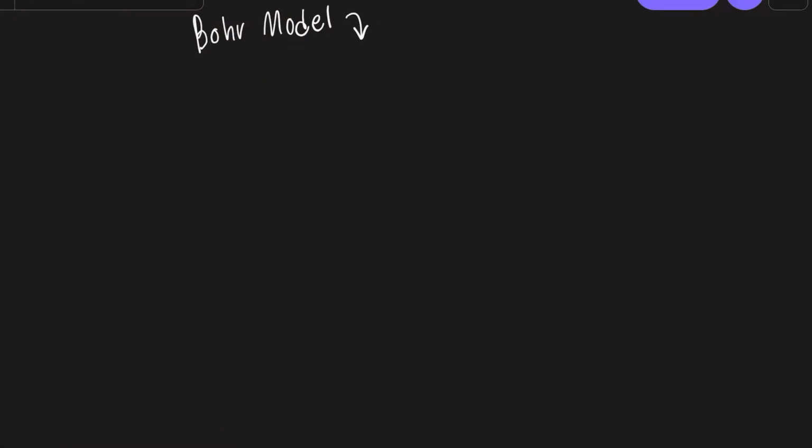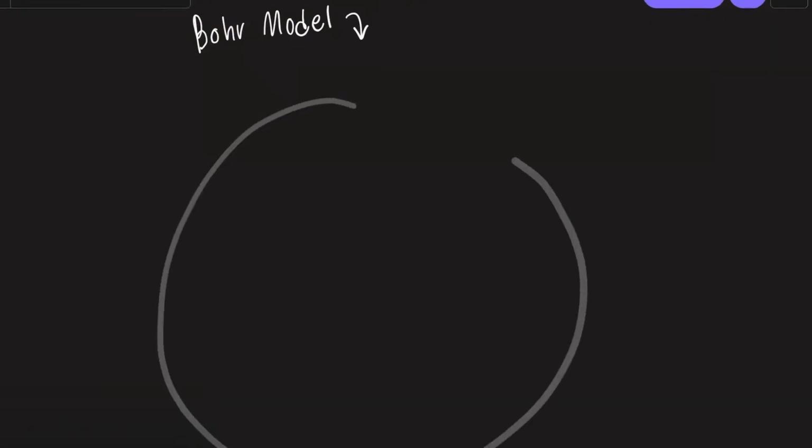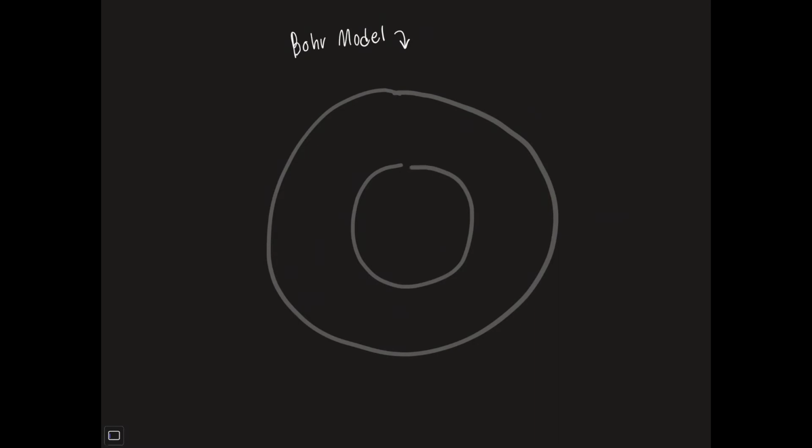And for your reference, this model is called a Bohr model, because it shows all parts of an atom, meaning neutrons, electrons, protons, the rings, etc. So, two rings and 8 electrons. 1, 2, 3, 4. 1, 2, 3, 4, 5, 6.